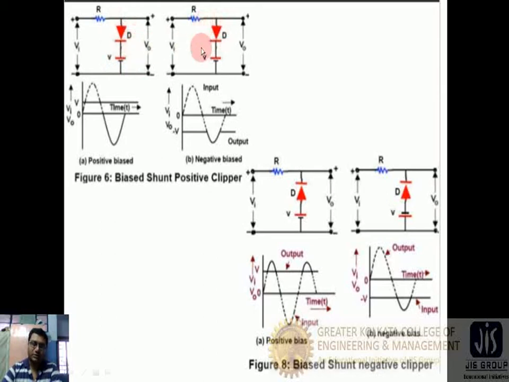If the diode is in reverse bias, the whole potential difference will be across the diode. Due to the incorporation of the DC voltage source, there will be a voltage level clipping for both the positive and the negative clipper bias. These are shunt type clippers, and we get this type of clipping waveform at the output. All the inputs are sinusoidal waves of the same frequency, and we get an output like this.